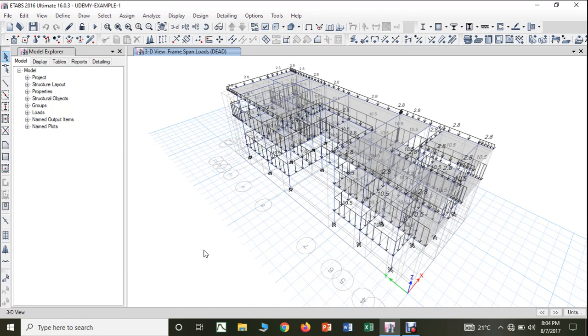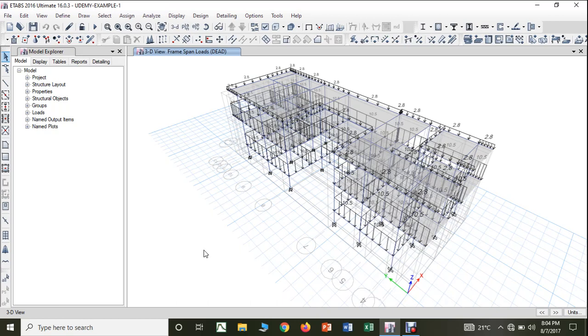Therefore, there is no need to apply separately the loads of the slab, column or beam by converting it into kilonewton per meter using the density of the concrete, usually taken as 23 to 25 kilonewton per meter cube. It is not required to convert it into a UDL and apply it on the beams.